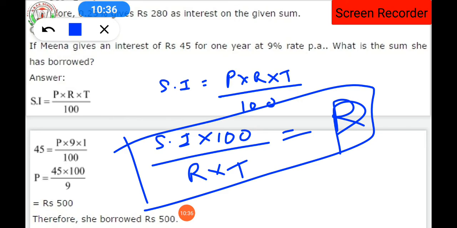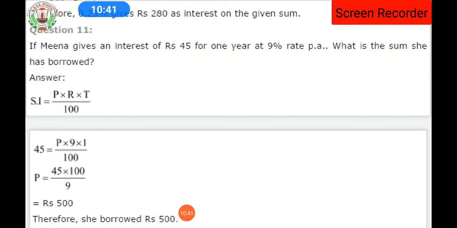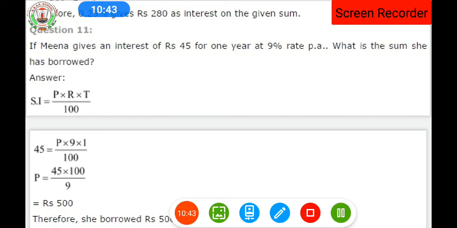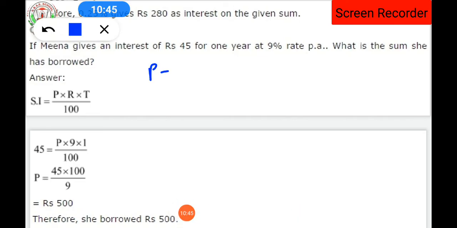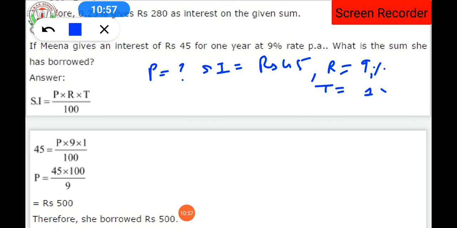So principal is equals to SI into 100 upon R into T. This is the formula we are having. So what we have to calculate over here, we have to calculate the principal. Okay, SI, that means simple interest, is given as 45 rupees, rate is given as 9% and time is given as 1 year.